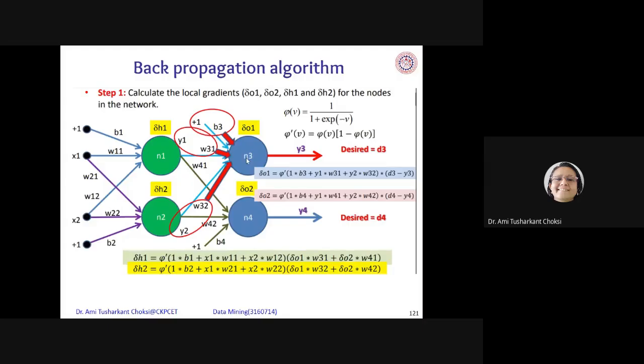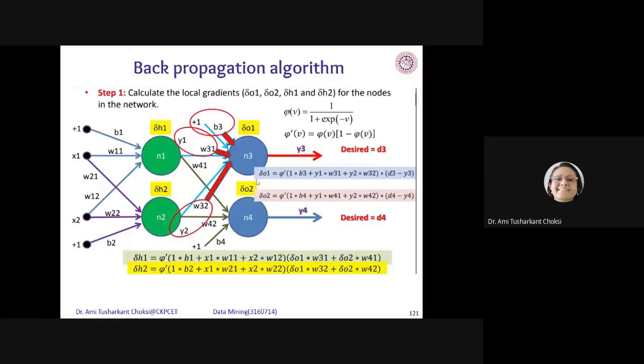Okay, so N1 and N2 are the nodes at the hidden layer, right? We have considered only one hidden layer, right? So at the output layer, the N3 and N4 nodes are there.